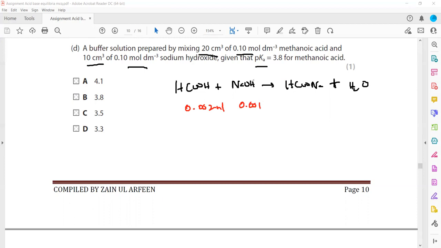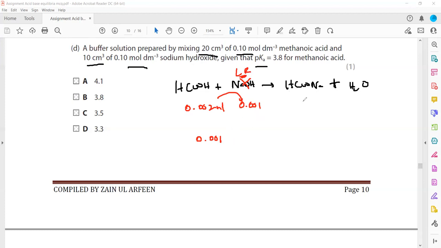When the reaction occurs, you can see the ratio is 1:1. So sodium hydroxide is the limiting reagent, so it will be used up. As it is used up, how many moles are left for the acid? 0.002 minus 0.001, which is 0.001.